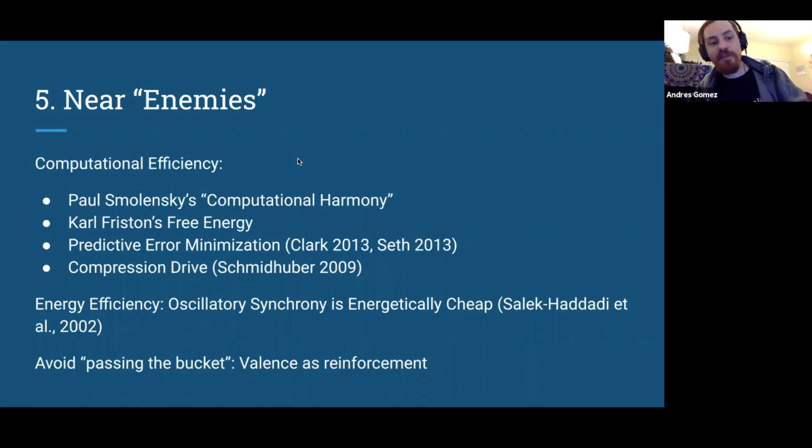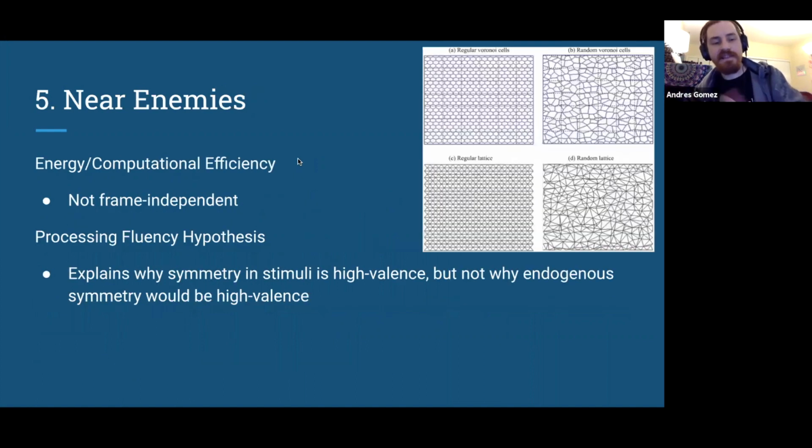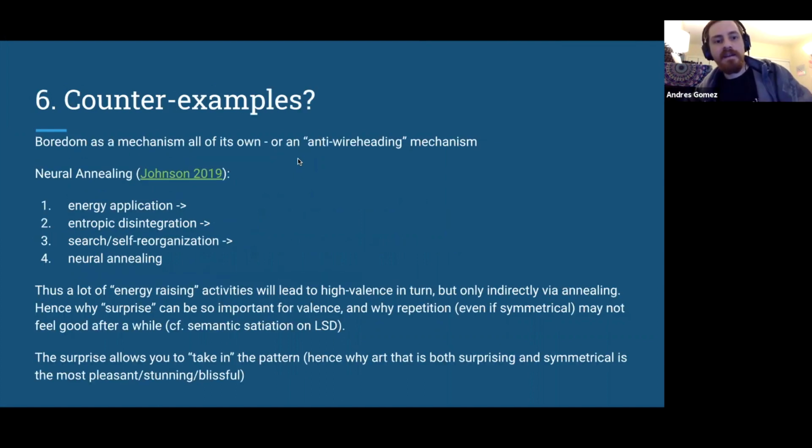Theories of computational efficiency and energy efficiency tell you under what conditions positive valence gets triggered, but they don't tell you what positive valence itself is. And that's what the symmetry theory of valence is getting at. So these are some of the issues with those, at least as complete theories.